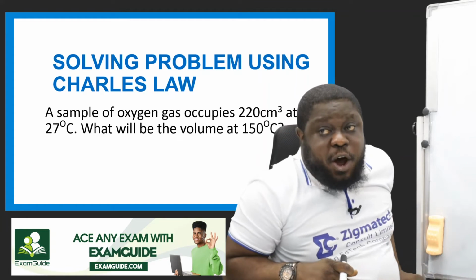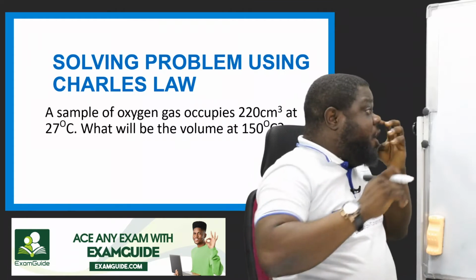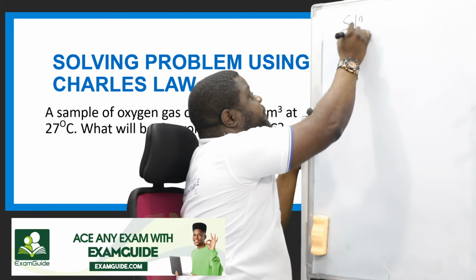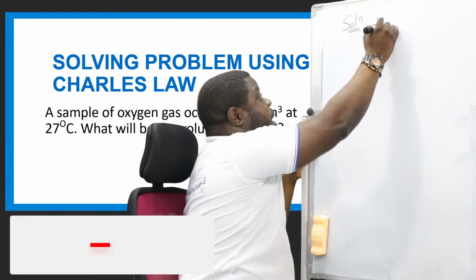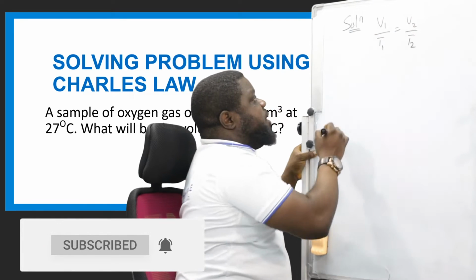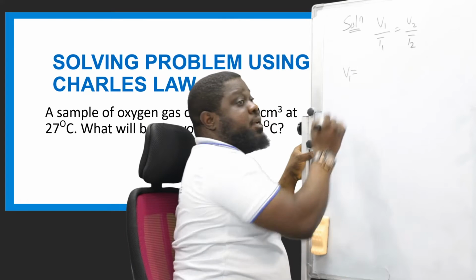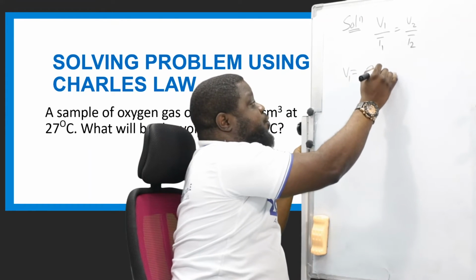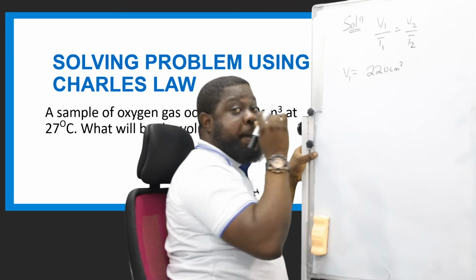Following the formula for Charles' Law, V1 divided by T1 equals V2 divided by T2. Our V1, the first volume, is 220 centimeter cube.